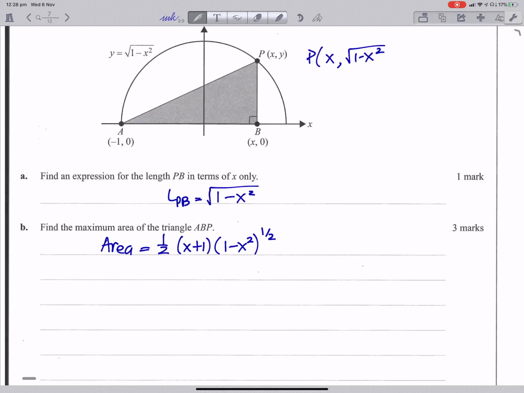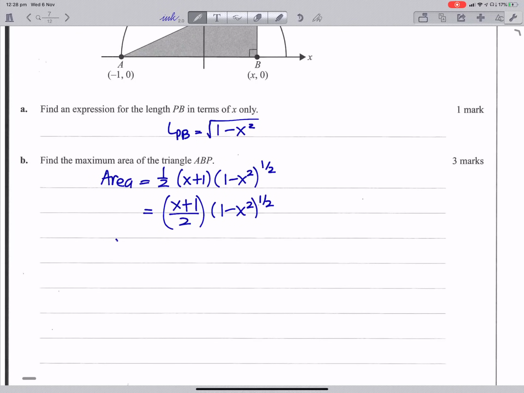Probably the easiest thing to do here is to write x plus 1 on 2 times 1 minus x squared to the half.